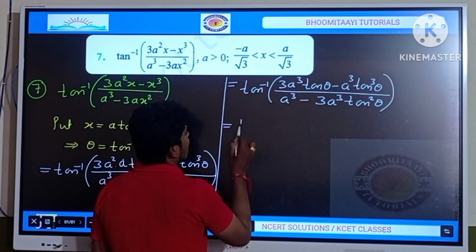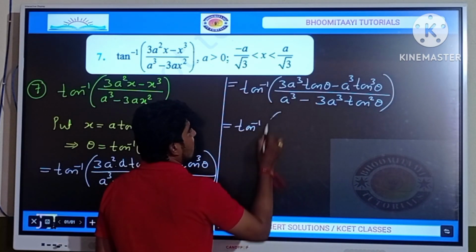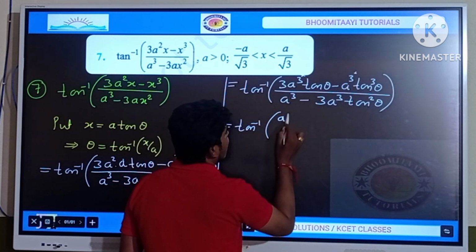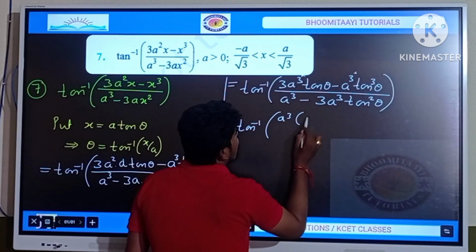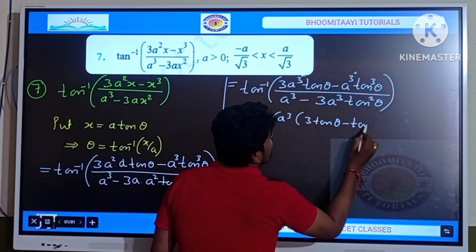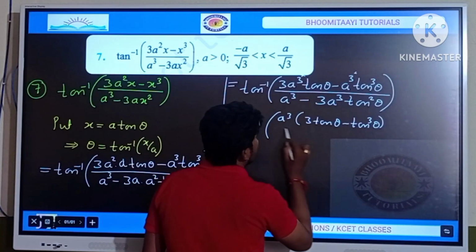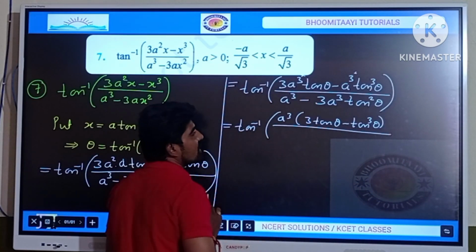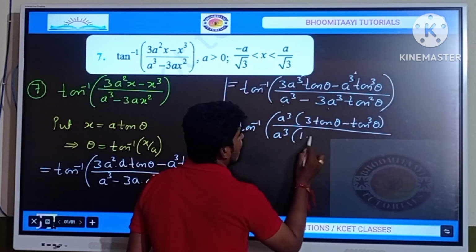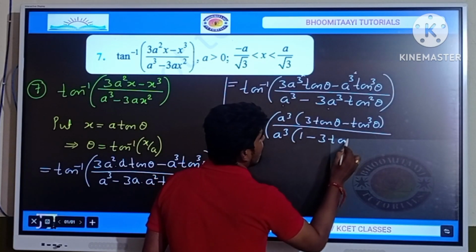Which is equal to tan inverse of, in the numerator we may take a cube as common, remaining 3 tan theta minus tan cube theta, divided by, in the denominator also a cube is common, a cube into remaining 1 minus 3 tan square theta.